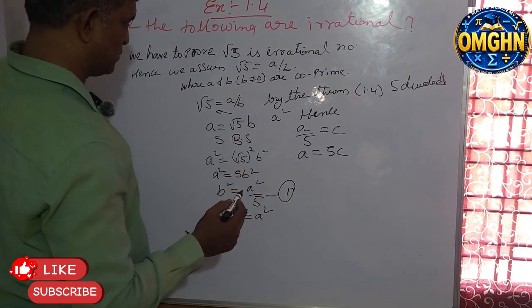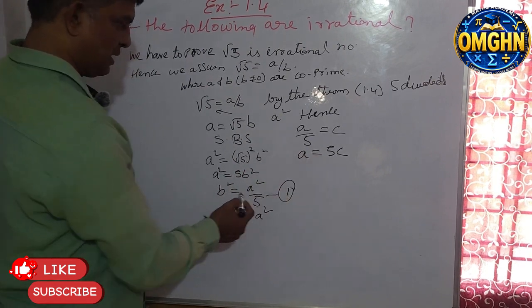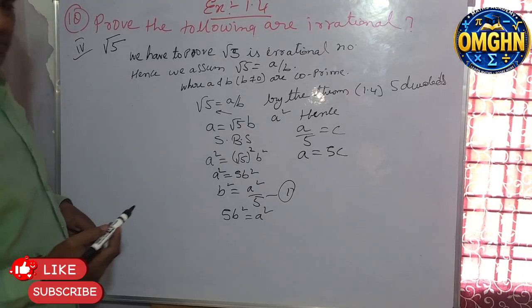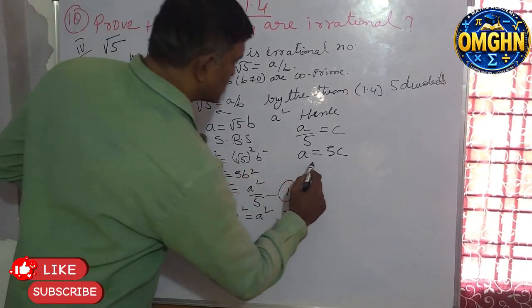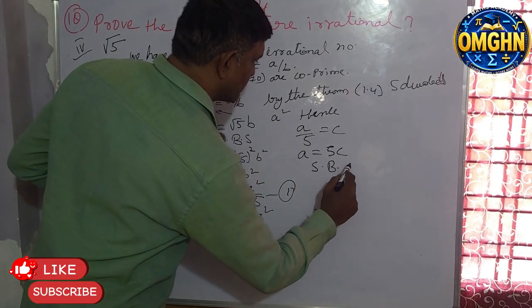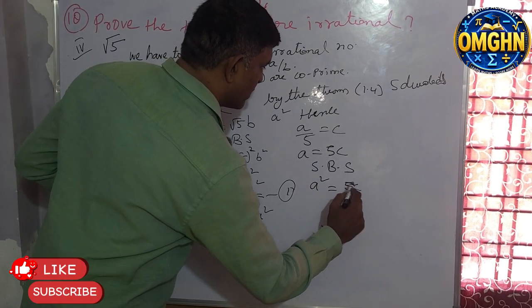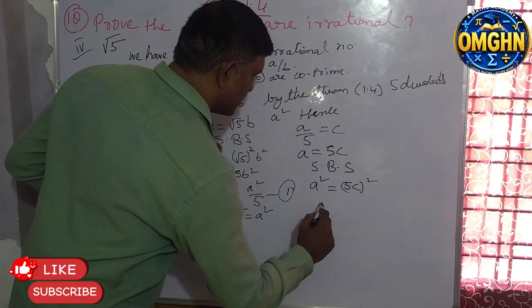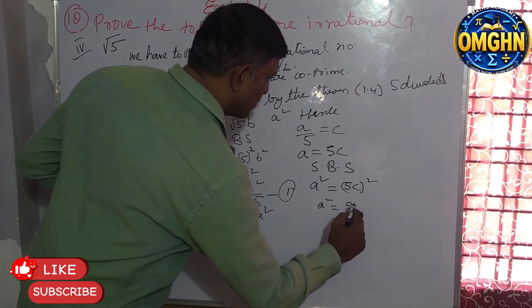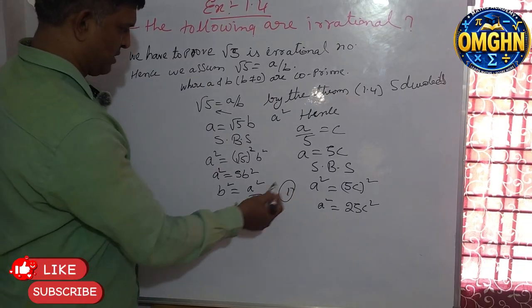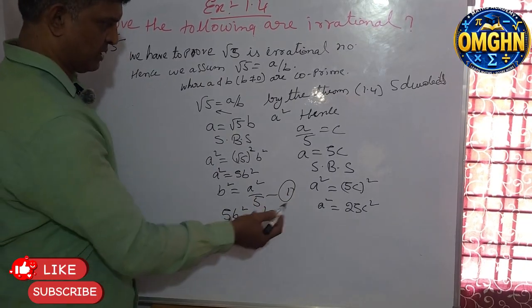Before substituting, we will square both sides, that is a square equal to 5c whole square, that is a square equal to 25c square.